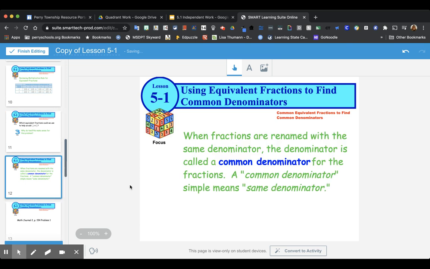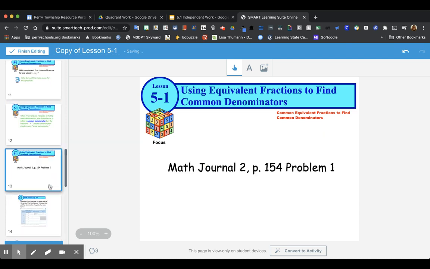When fractions are renamed with the same denominator, the denominator is called a common denominator. For fractions, a common denominator simply means same denominator. So anytime you hear those keywords, common denominator, that just means it's the exact same denominator.